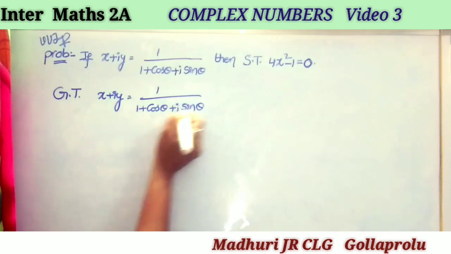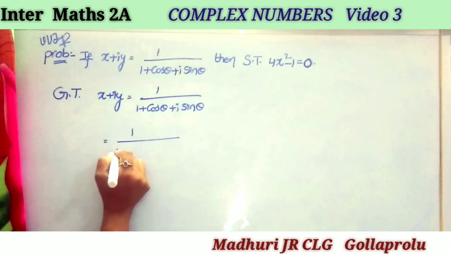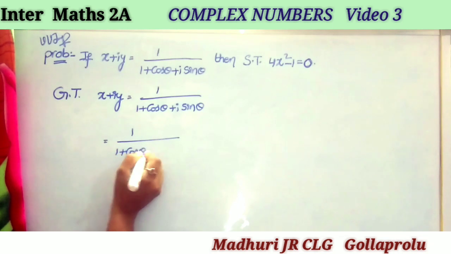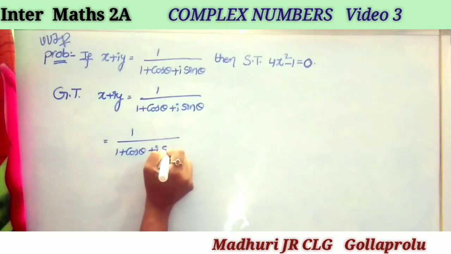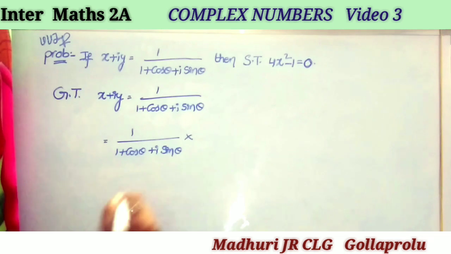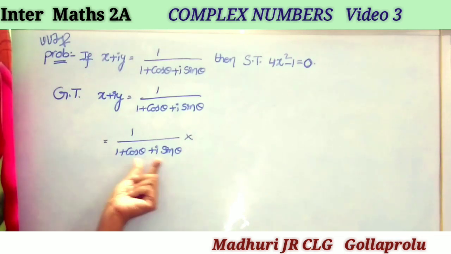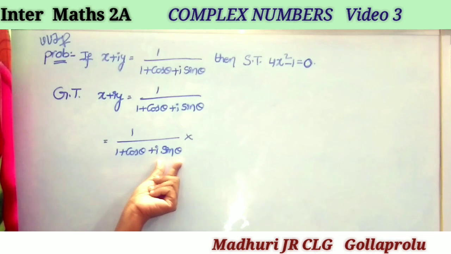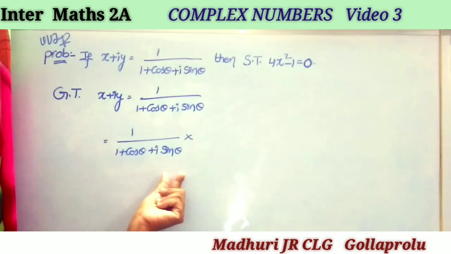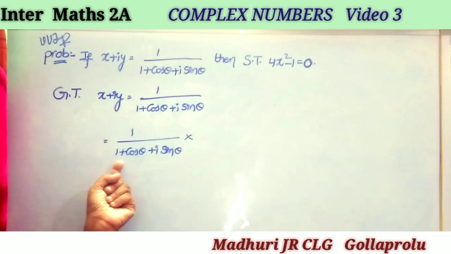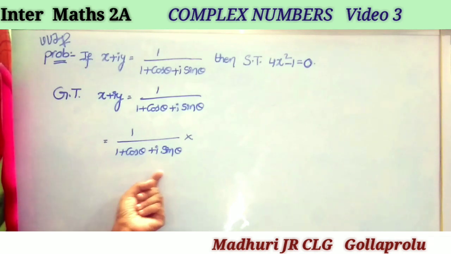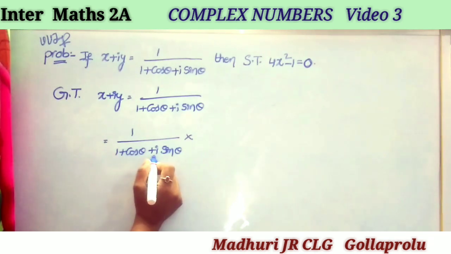Now this is equal to 1 by 1 plus cos theta plus i sin theta into, now we take the rationalization. First we take the rationalization to the given quotient. Now we have to take the rationalization by the value 1 plus cos theta minus i sin theta, just changing the sign of the imaginary part.